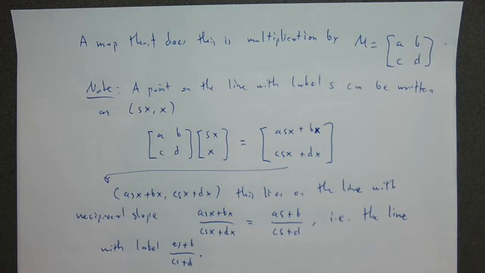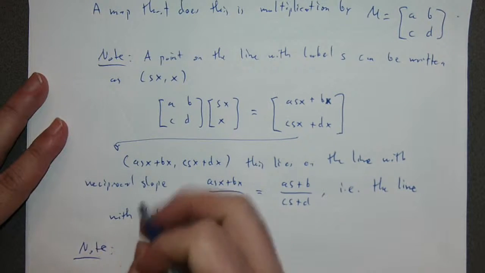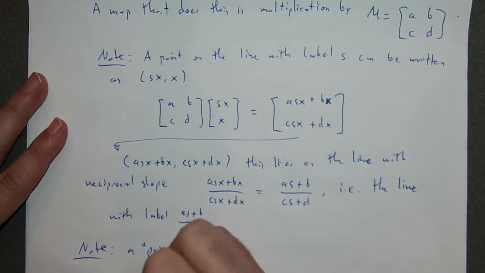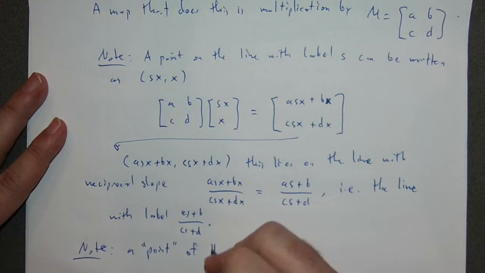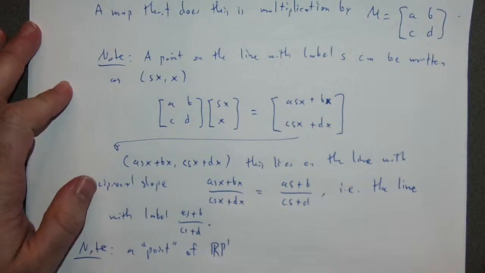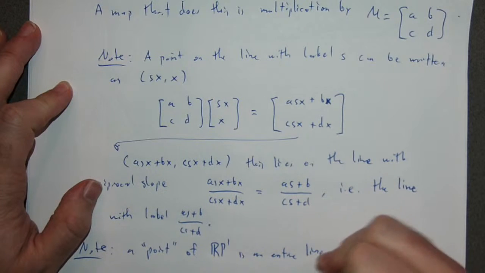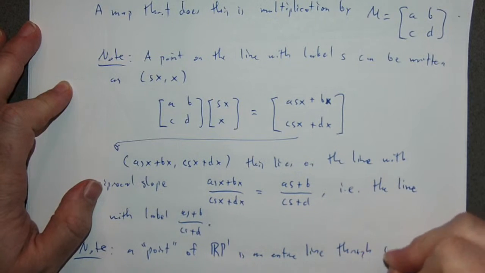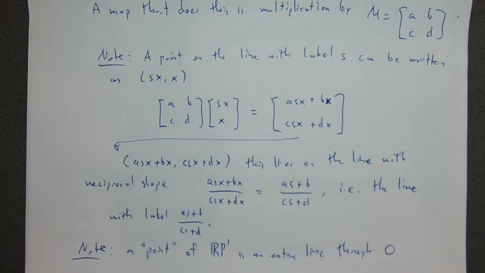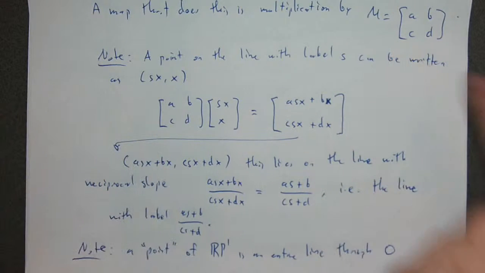Now, what is the thing to note here? A point of RP1 is an entire line through the origin. This is important to remember because that's why we're talking about how this transformation defined by M sends lines to other lines.